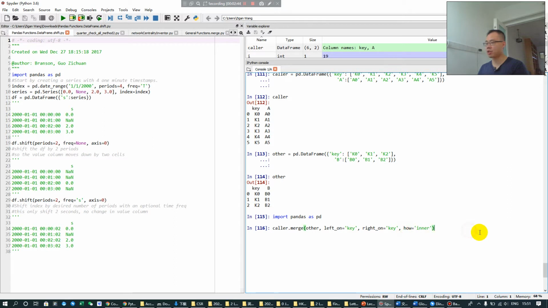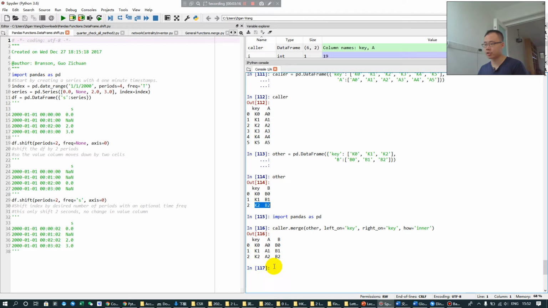And how is inner. That means only the observations or rows that exist in both data frames will enter into the combined data. So for example, the caller has key 0, key 1, key 2, and here it has K0, K1, K2, but the other doesn't have K3, K4, K5.